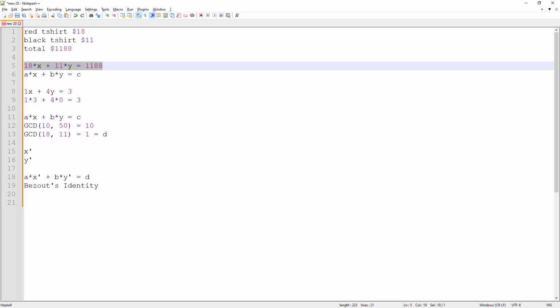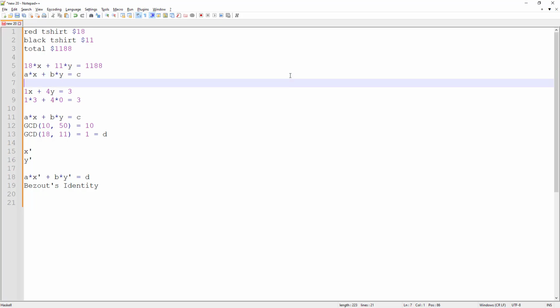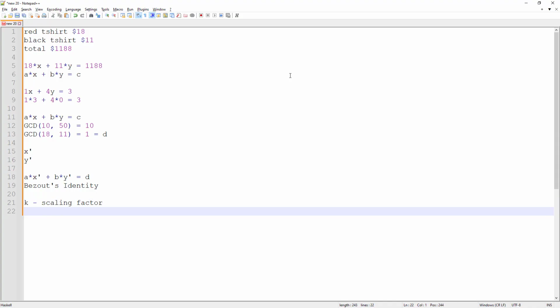Okay, let's think of a way how to do it. There is something in the Bézout identity called a scaling factor, and it is k. So the idea is that we multiply the whole equation, a times x prime plus b times y prime, by k times the whole equation, and then it's equal to k times d, because we had it like this.